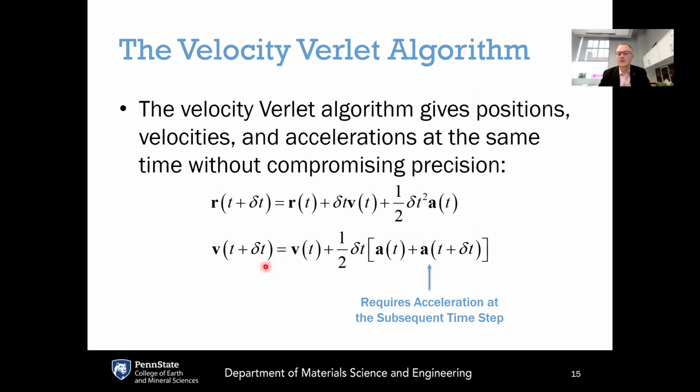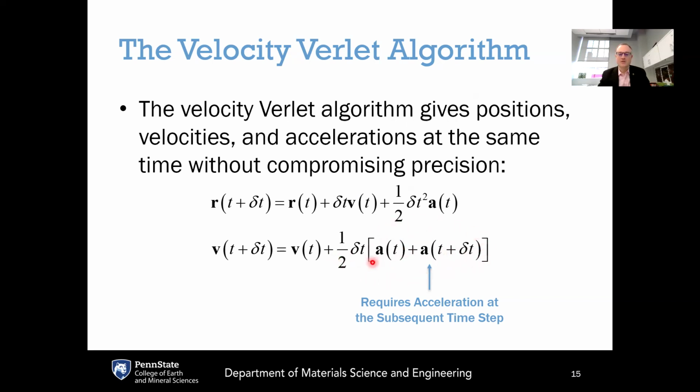And then we also have a Taylor series expansion of the velocity at the new time step. This is represented as the current velocity, v of t, plus the time step times an average acceleration at the current time and the new time step, so a of t plus delta t divided by 2.